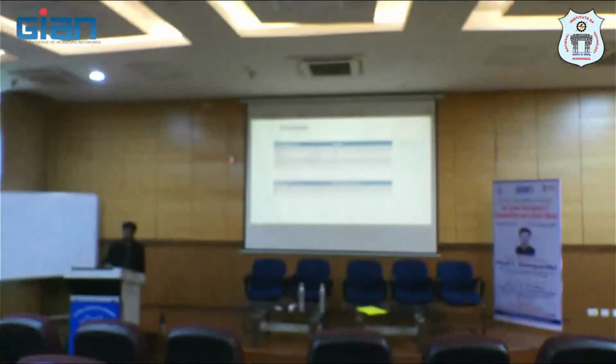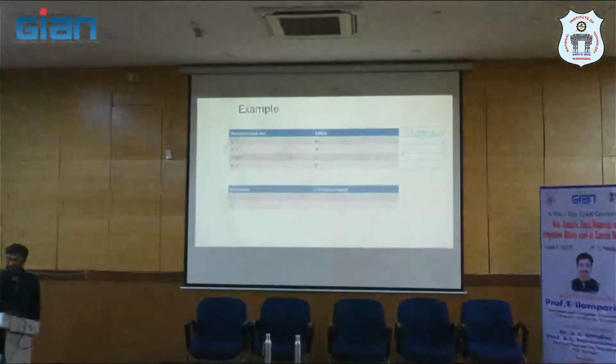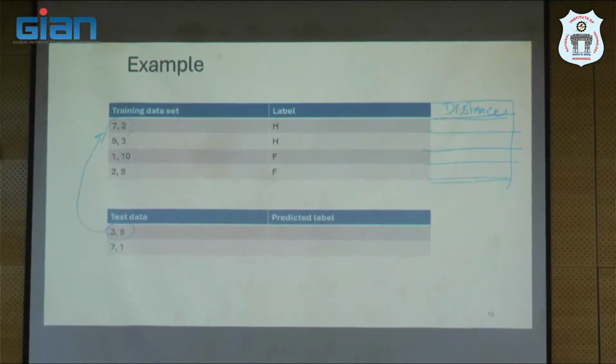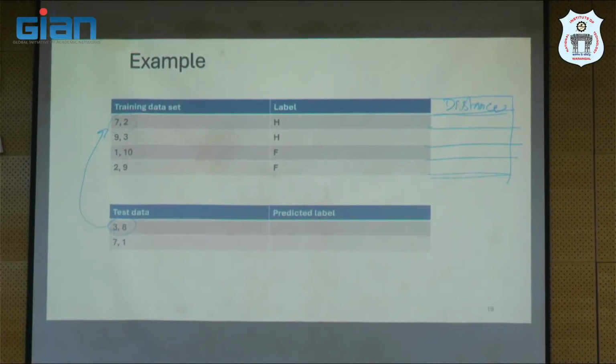From the lowest value of distance. Is that clear? First I have to calculate distance in the range. So take a test point. How far is 3,8 from 7,2? Calculate the distance and enter it.